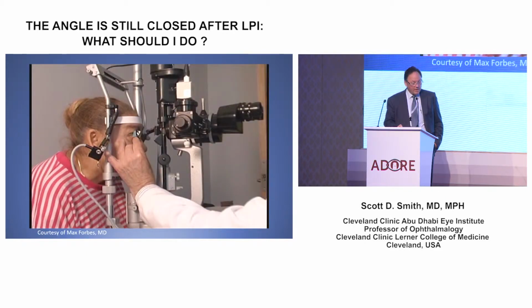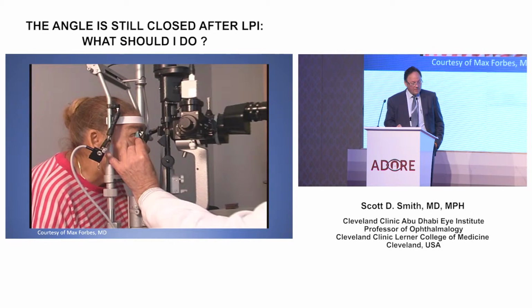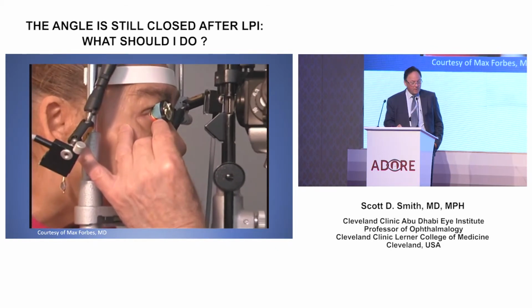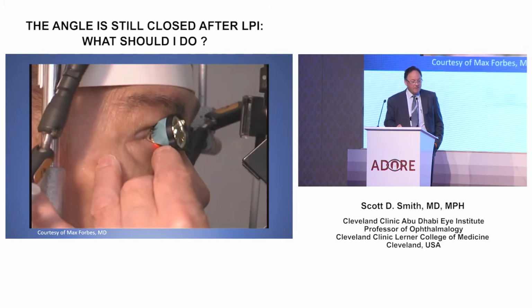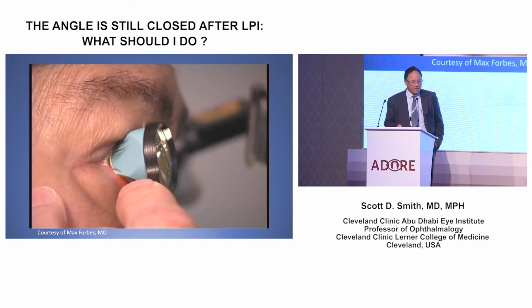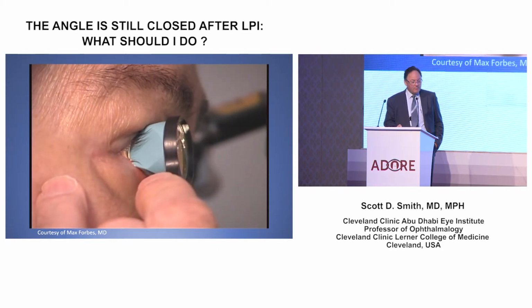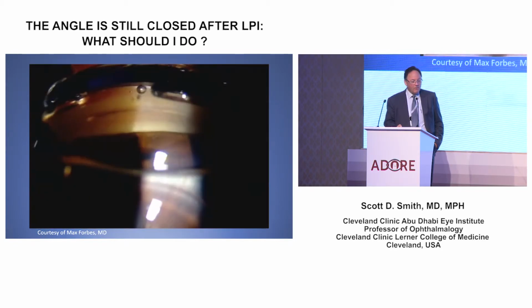So real quick here, I'd like to have you look at this video, which was given to me by Max Forbes, a former colleague at Columbia University. The idea of dynamic gonioscopy is, as you'll see here, pressing forward with this gonioprism that's smaller than the corneal diameter.